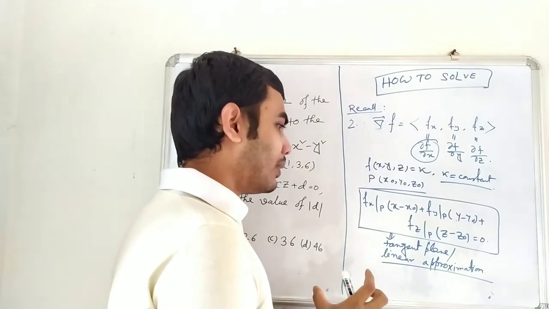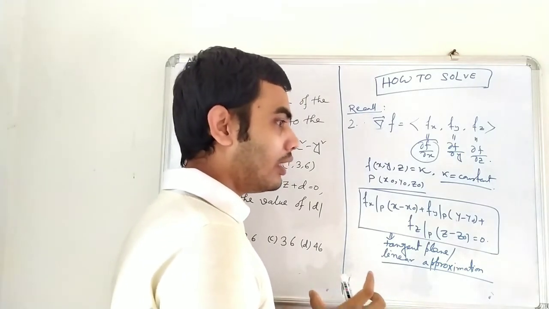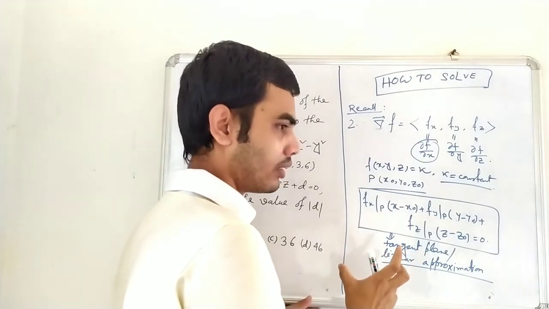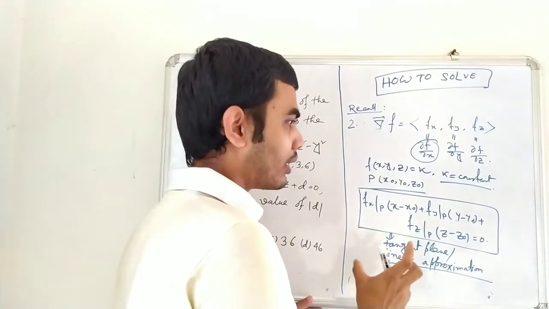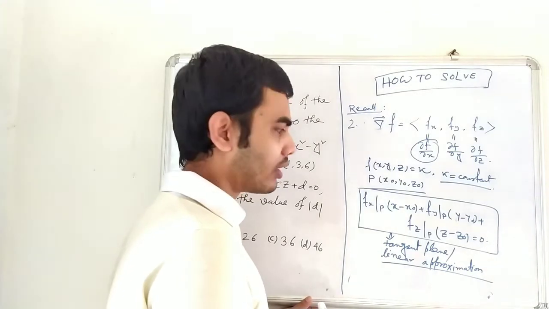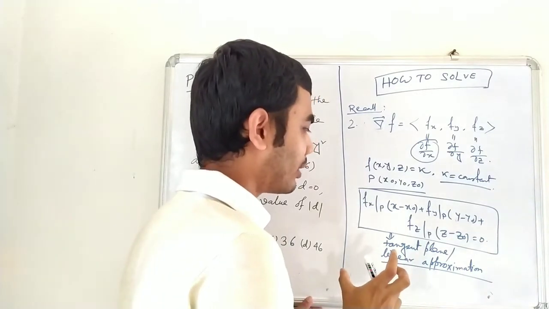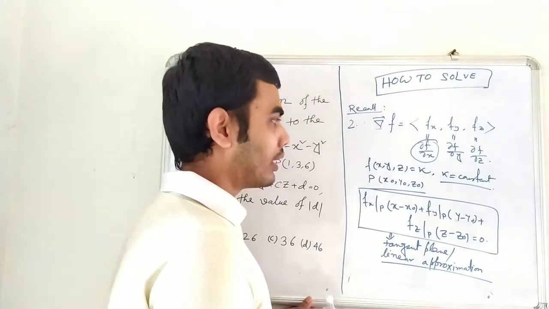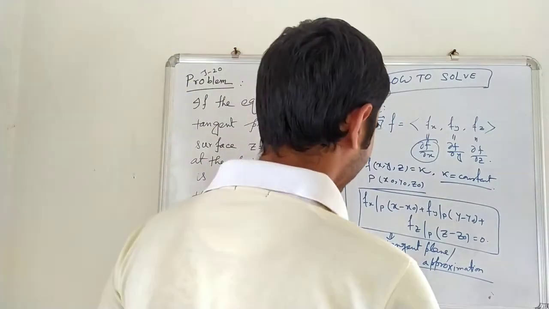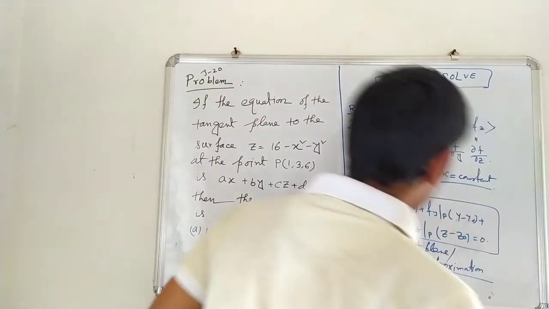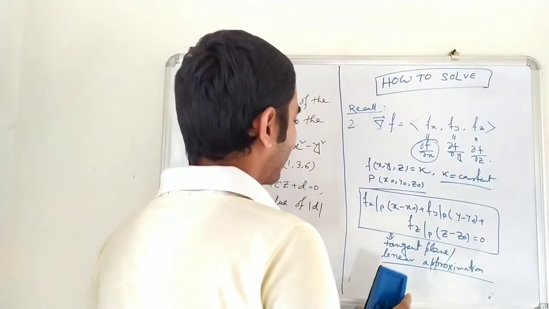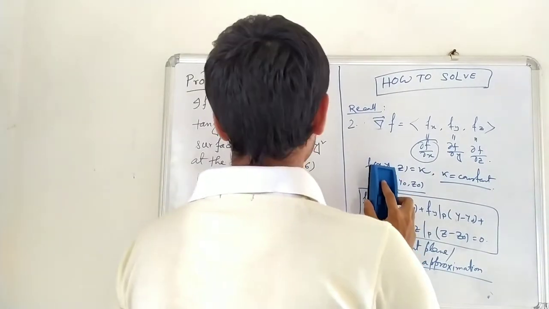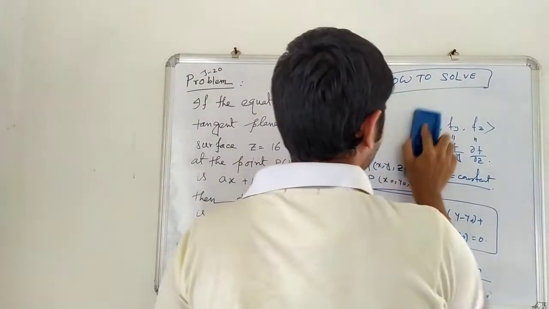Because the tangent plane nearly approximates the surface f at a point P. Clear? So that's why the tangent plane is sometimes called the linear approximation to the surface at a point P. Using these two concepts, we solve this problem. Okay, we try to solve this problem.